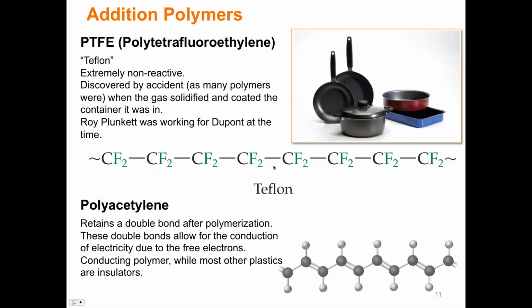As you know, movement of electrons means movement of electricity, and usually if they can't move the electrons, we're insulated. Here all your electrons are really fixed, so it's extremely non-reactive. Now here, you have a situation where you've got double bonds and free electrons, so yes, it's conductive. But most polymers are insulators, all right?